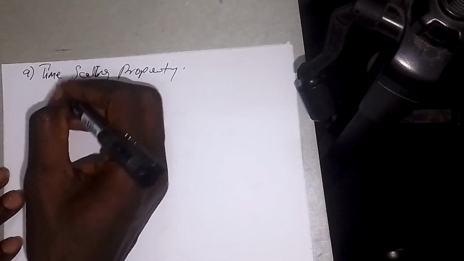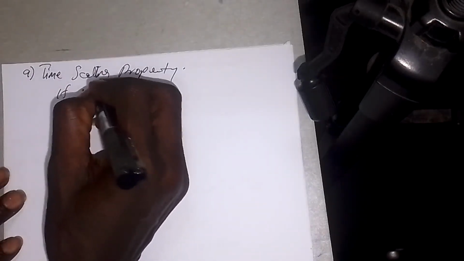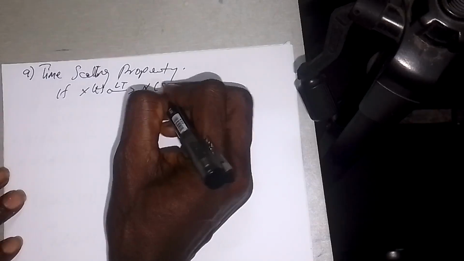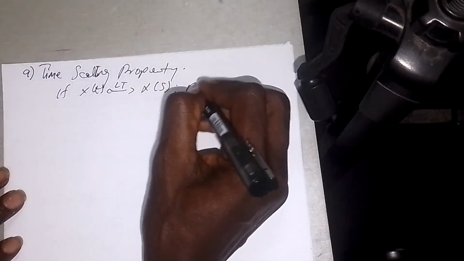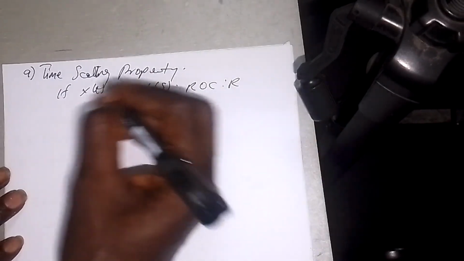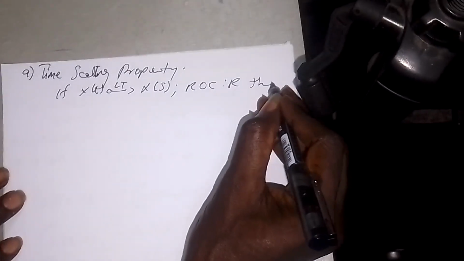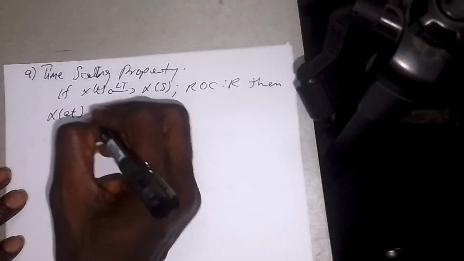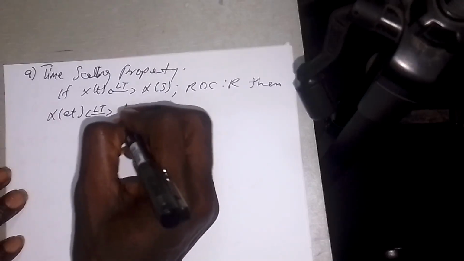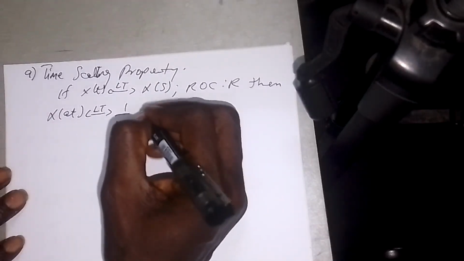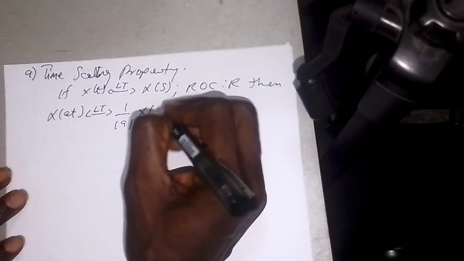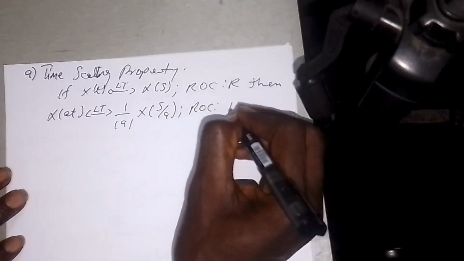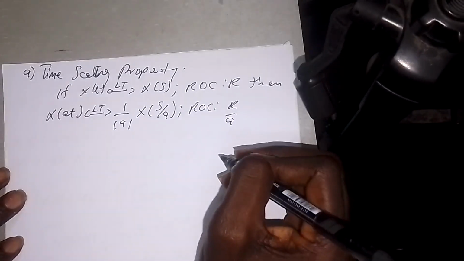Here, if x of t has a Laplace transform of X of s with an ROC of, let's say, R, then x of at will also have a Laplace transform of 1 over mod a into X of s over a, and here I will have an ROC of R over a.